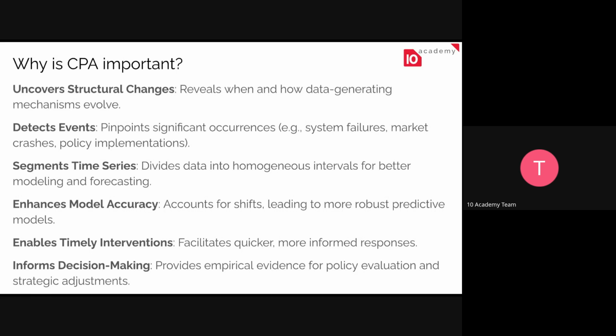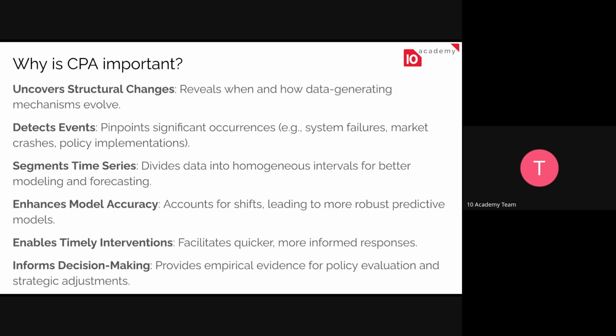Yeah, so not only should it be time series, it should also be continuous. The main point is to uncover structural changes or changes in the statistical properties of the time series data.